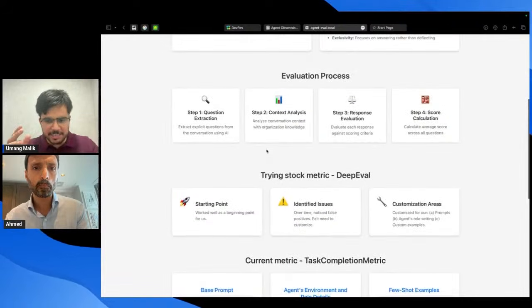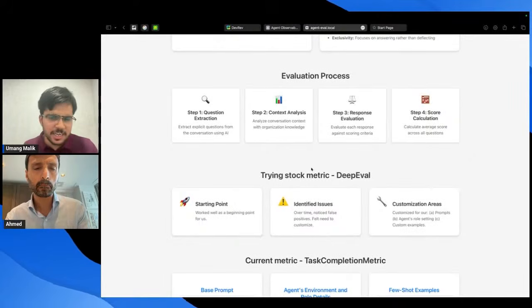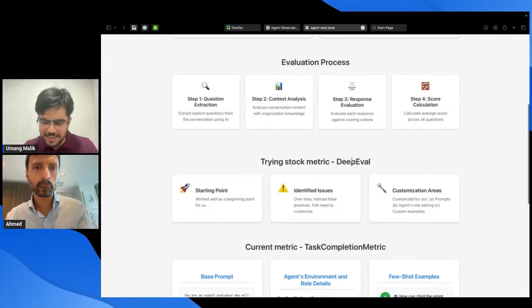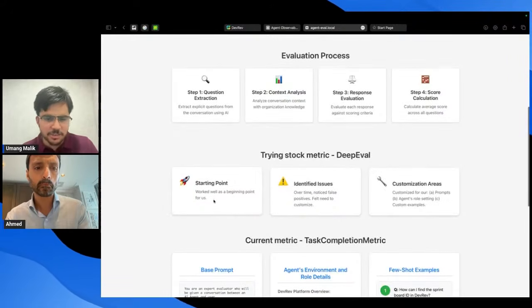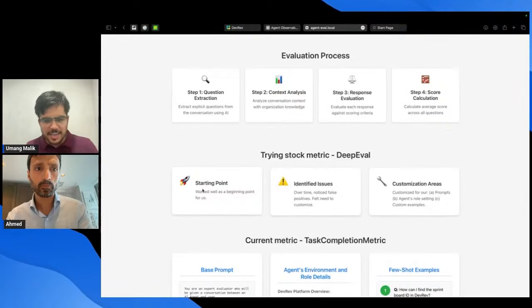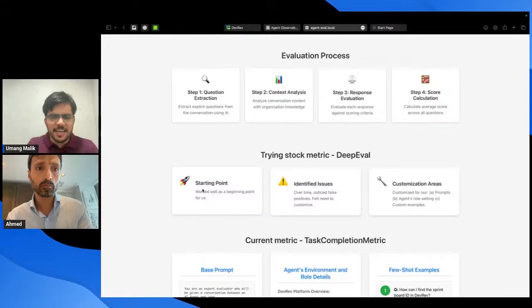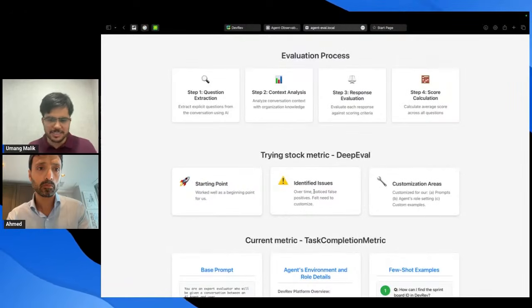And yeah, coming to our experiments with this metric, we initially started with DeepEval, which is again one more very popular open source library for metrics. And this is a good starting point. We looked at a few examples, vibe checks looked good, but then we ran it over our historical data, and we noticed a lot of false positives, and felt the need to customize this particular setting as well.